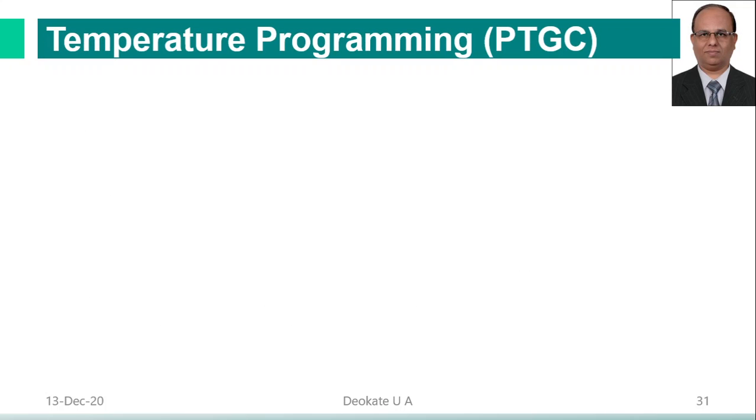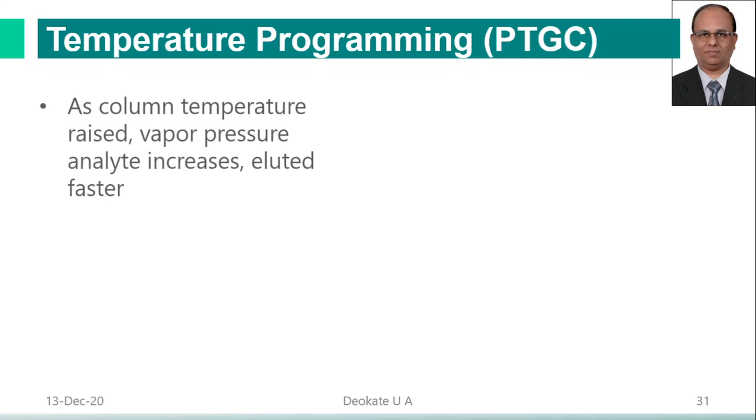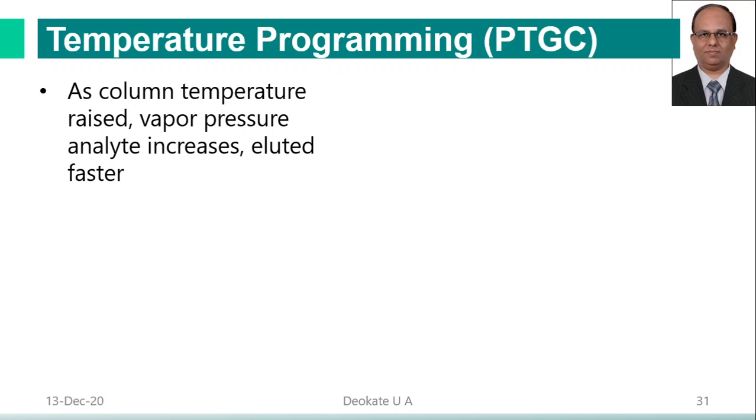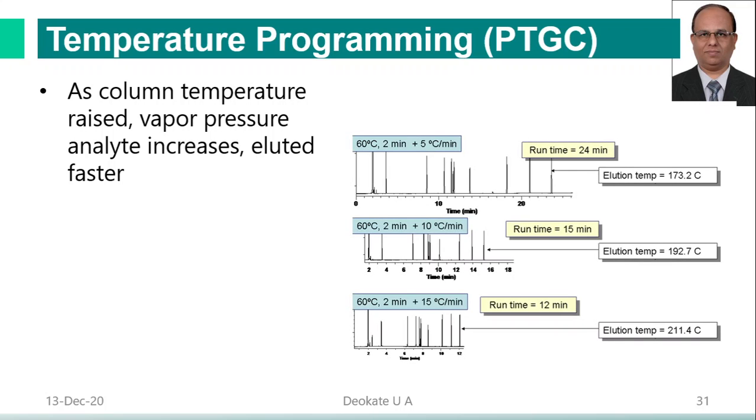This temperature programming is called PTGC. It uses a column whose temperature is raised slowly during the process of elution, and the vapor pressure of analytes increases, so they elute faster. You can see the examples. If you are carrying out the elution at isothermal conditions, the resolution is poor and the retention time is very long.